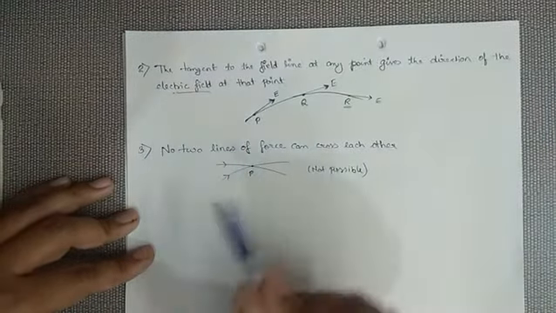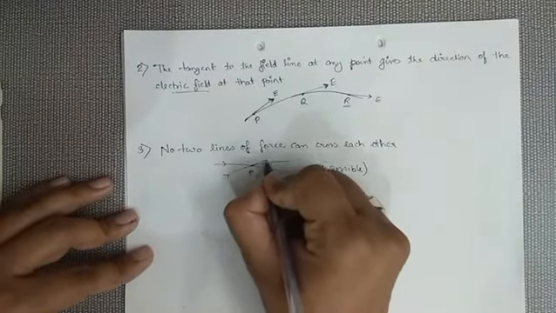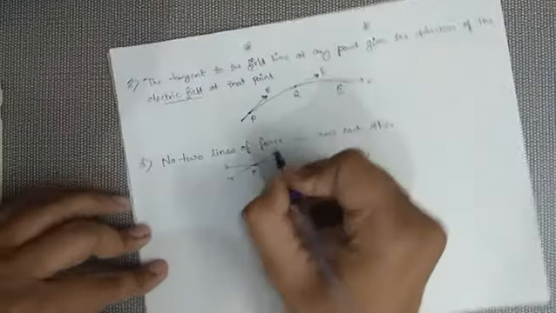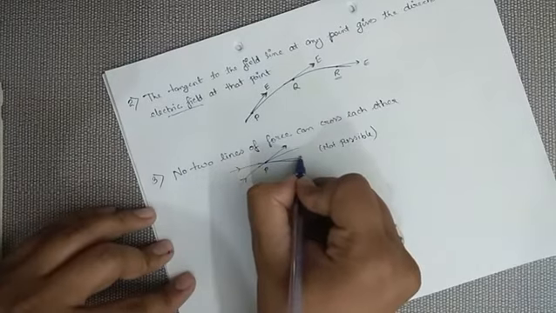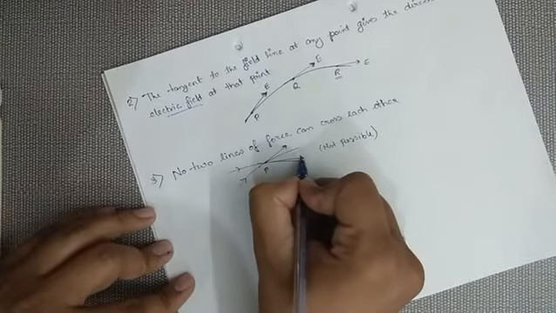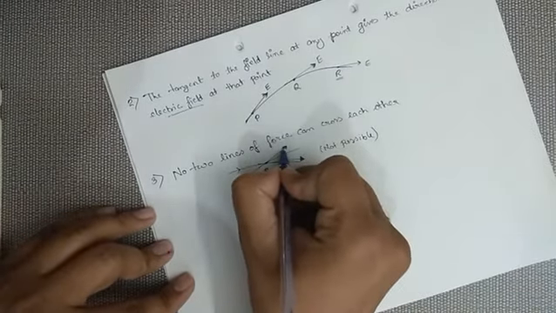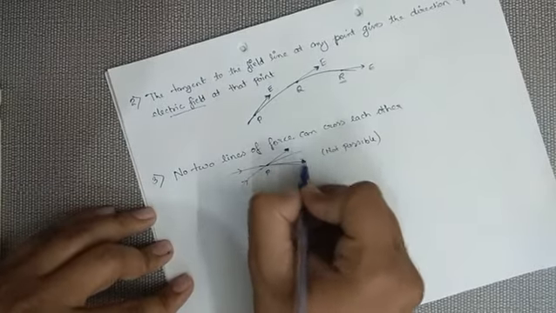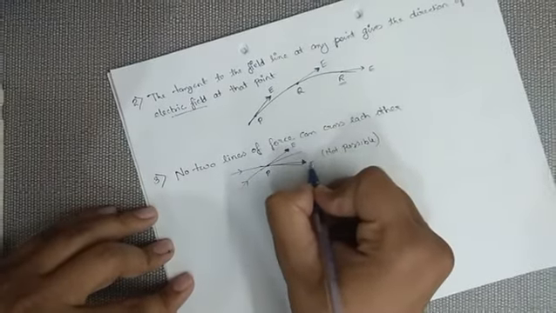So at this point, how many tangents can we draw? First tangent, and this one will be the second tangent. These two tangents will give us two different directions of the electric field.